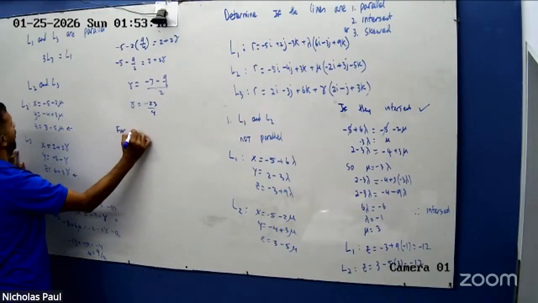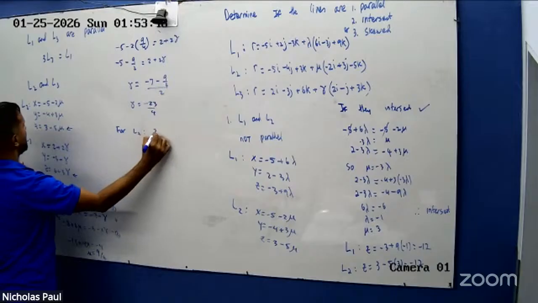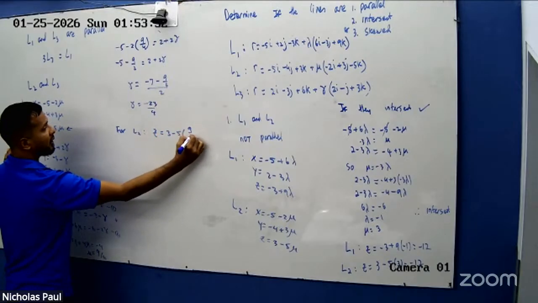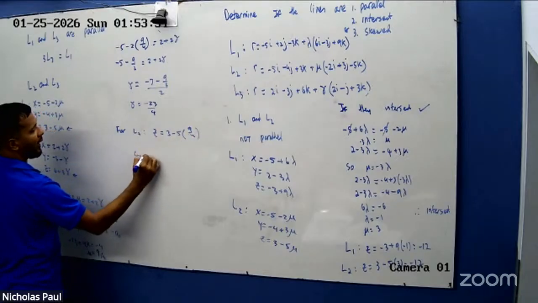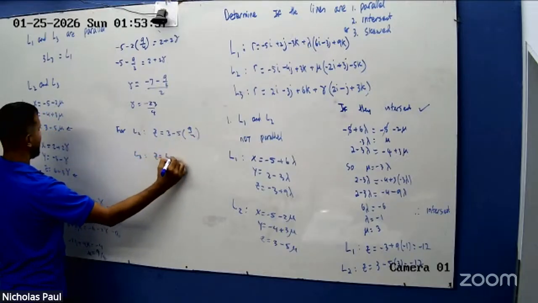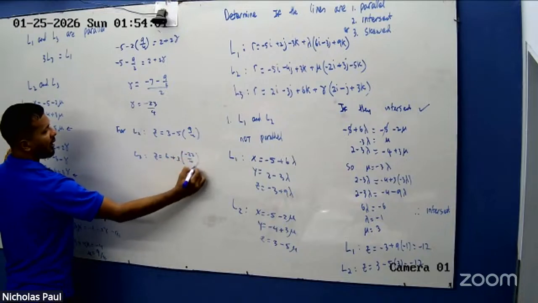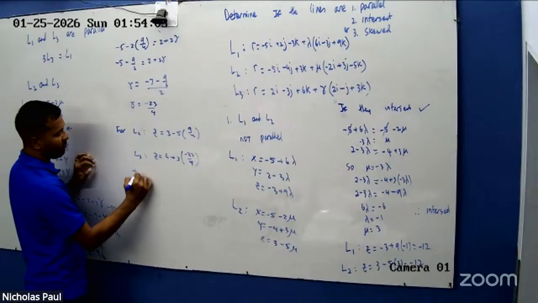So for L2, Z is equal to 3 minus 5 by 9 on 4. And for L3, Z is equal to 6 plus 3 gamma. And then you would recognize that they are not equal.